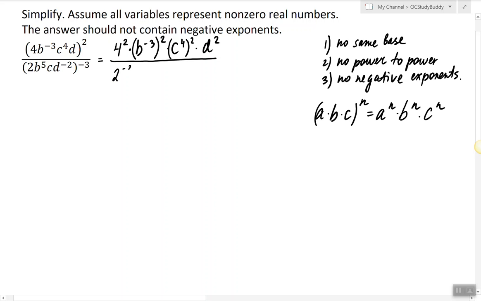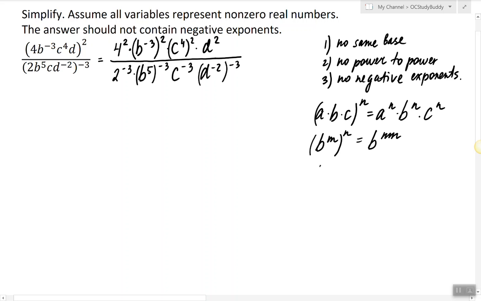So we have 2 to the power negative 3, b to the 5 to the power negative 3, c to the power negative 3, d to the negative 2 raised to the power negative 3. Next, I'm going to use the property that says when you have a number raised to a power and then all that raised to a power, that is equivalent to raising the base to the power which is the product of the two powers.